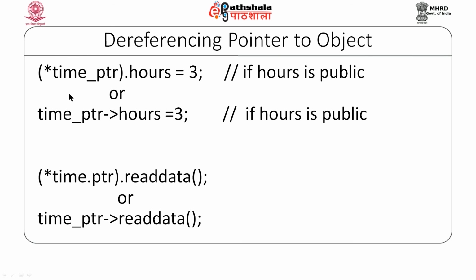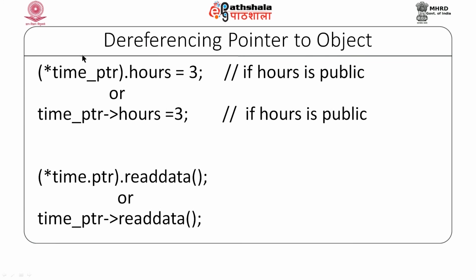Once we dereference it like this, we will get an object, and then we can use the dot operator and then the member name which we wish to access. Now, in this case, ours is a data member. So, we will be able to access it like this in the main function or any non-member function only if it is declared public, but normally we do not declare data members public. So, if it is not public, it will not be accessible, but if it is public, this is how we can access it.